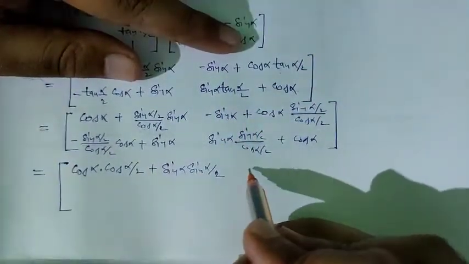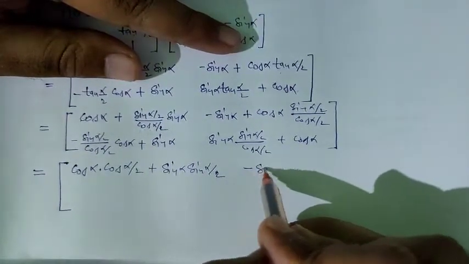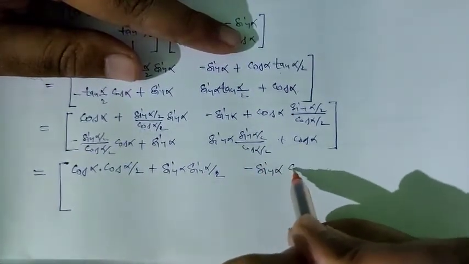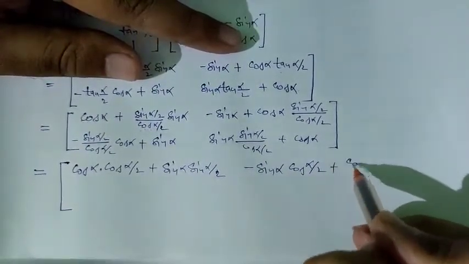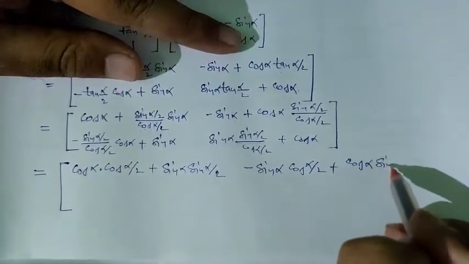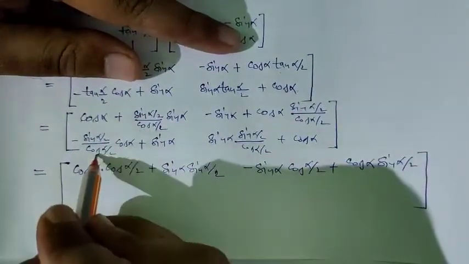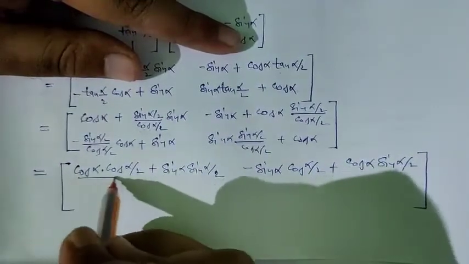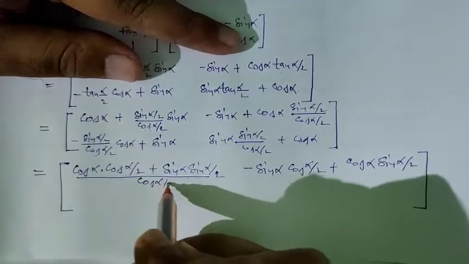Here also, minus sin alpha cos alpha by 2 plus cos alpha sin alpha by 2, and upon cos alpha by 2, which will remain here.